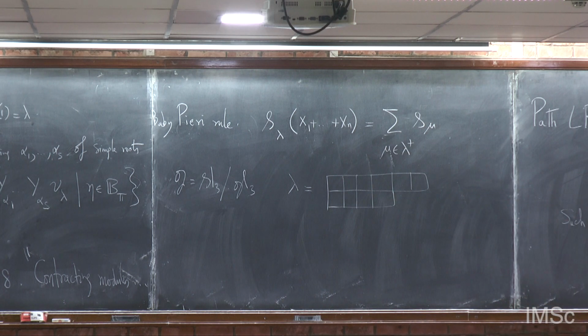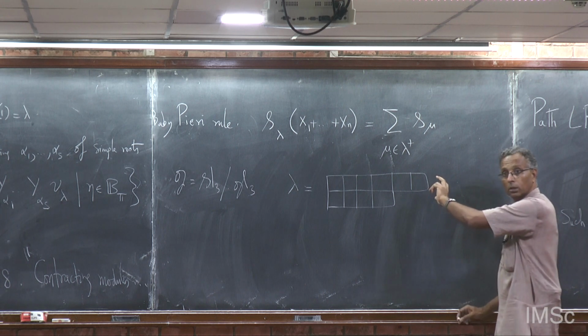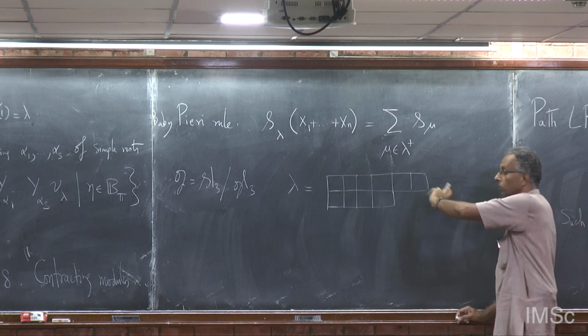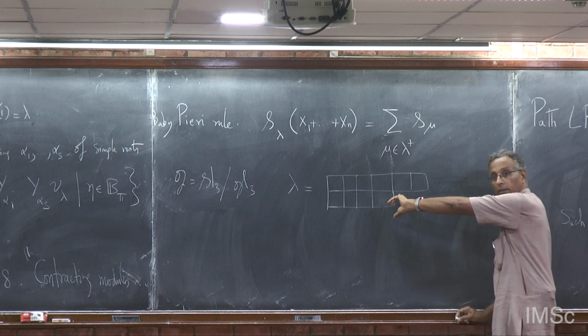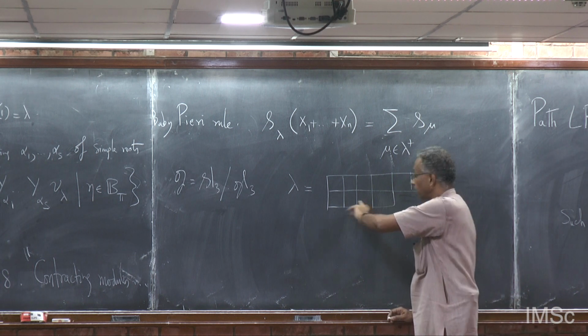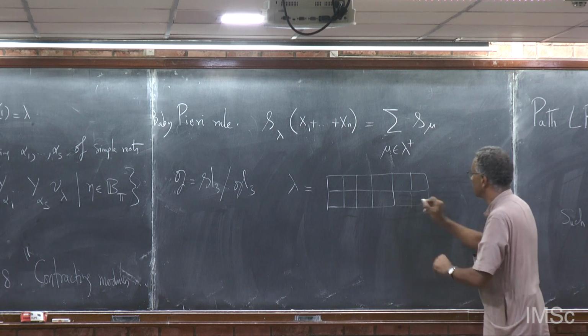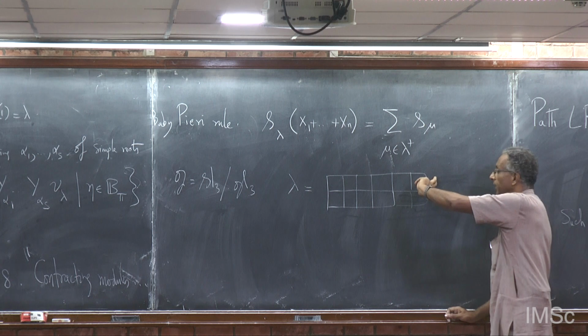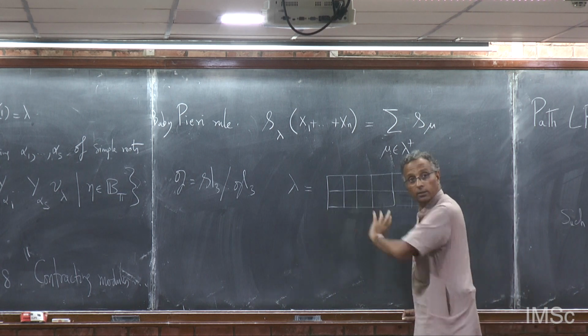So what does this lambda plus mean? You take this box, and you can put it either here, or here, or here. Now if this were like this, then you couldn't put it here. You could either put it there or put it here.